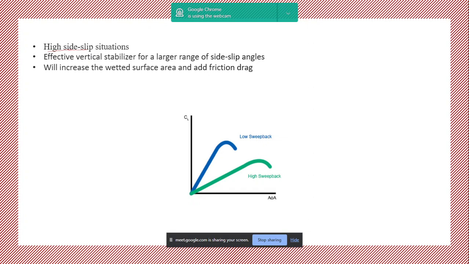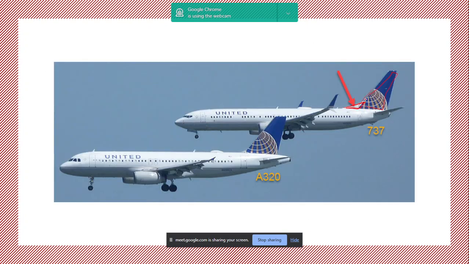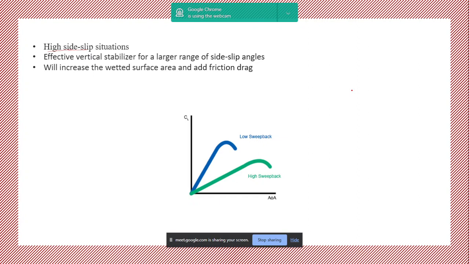So there the side slip angle increases beyond what your regular vertical tail can handle. In such situations, your vertical stabilizer, the dorsal fin, has a more operational range, right? So it helps you stabilize and control the aircraft in high side slip situations.